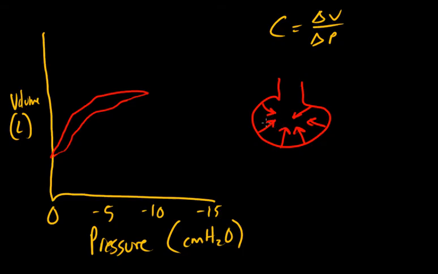We're trying to open up these atelectatic alveoli, so we're not getting much change in volume. However, once we've broken that water tension, remember our diving board example, the belly flop doesn't hurt as much because the surface tension has been broken.